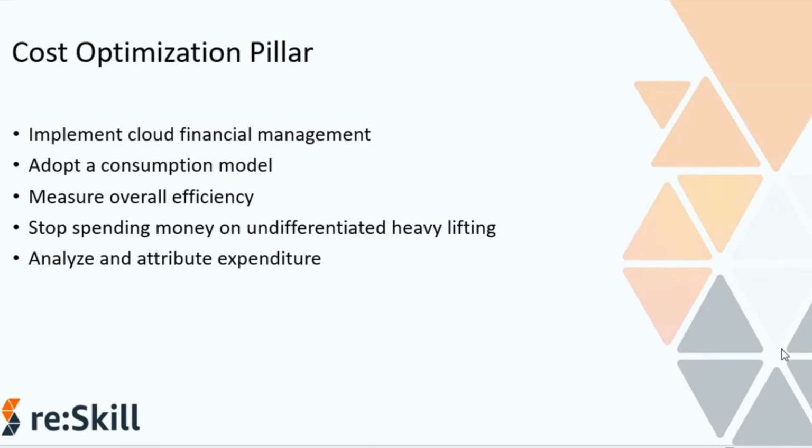Adopt a consumption model. AWS offers various consumption models. Let's say for EC2, you have on-demand instances. If you would like to run your instances for a few hours in a day, you can go for on-demand instances, where you pay on an hourly basis. But let's say you have applications which require 24 by 7 availability, you can go for reserved instances.